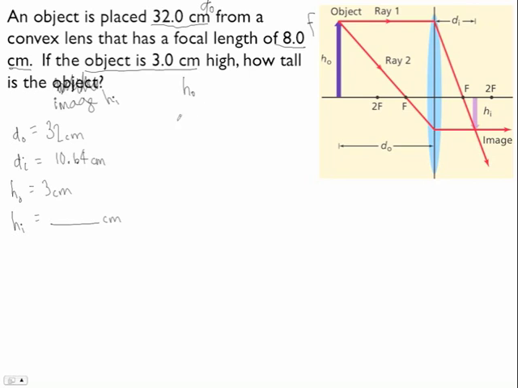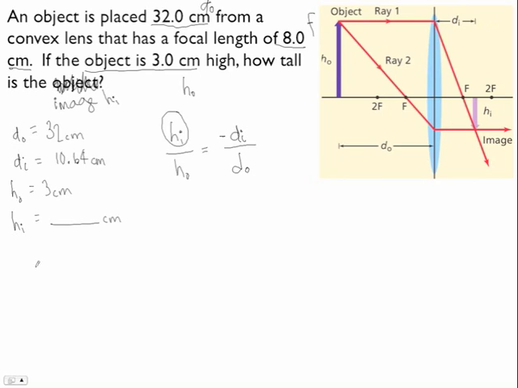Okay. Now, the magnification equation has HI over HO, and they say that it is equal to negative DI divided by DO. So you can see that this is what we're looking for, and so we'll be able to just cross multiply and find the answer, and I'll show you how we'll do that.